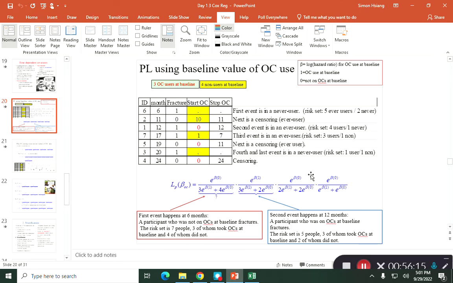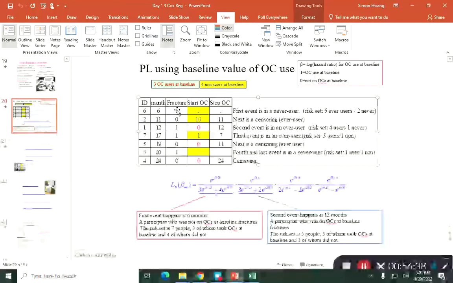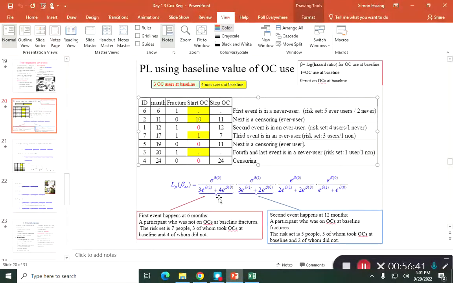So at the beginning, LP means partial likelihood. You don't need to look at anything behind. The second, third, and fourth multipliers, you don't need to look at them. You only look at the first one. When I have the first fracture, all I know is how many people are taking OC and how many are not. I have 4 people not taking OC, 3 people taking OC.